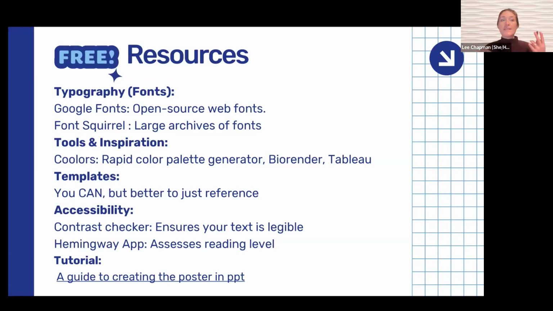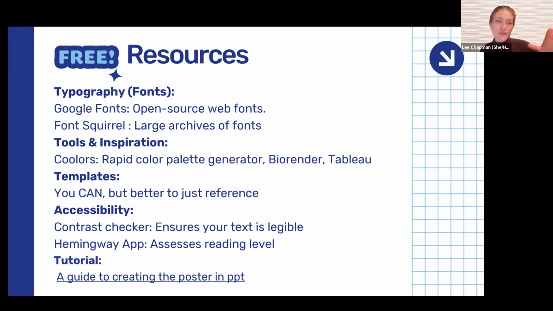So what's a second typeface that looks really good with this typeface that I've chosen? So you could use one typeface for your heading and your subheads, and then another one for your body text. And Google Fonts will tell you which ones are complementary and go well together. So it's an awesome resource.